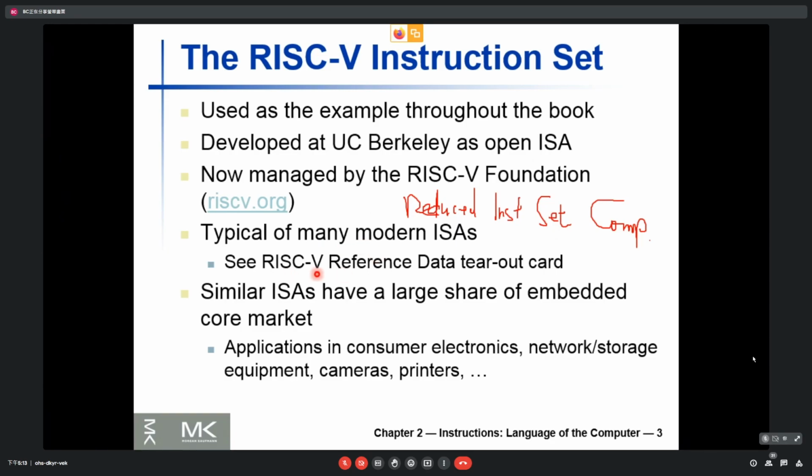You can see the instruction set reference data from the book. 你可以去参考啊。Similar instruction set architectures have a large share of the embedded core market, including applications in consumer electronics, network storage, cameras, printers.